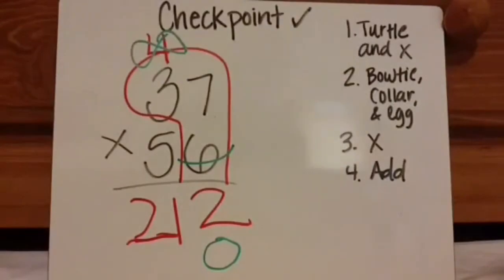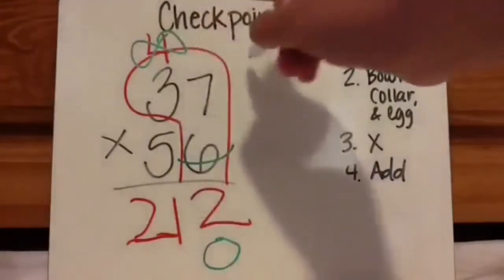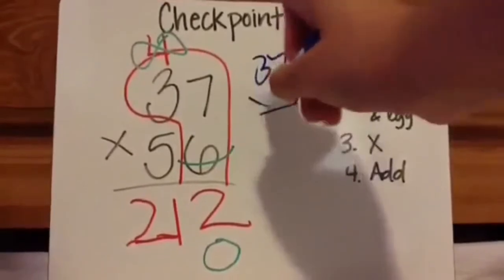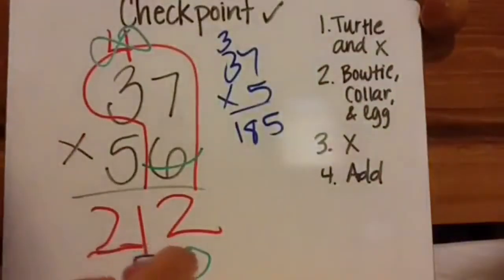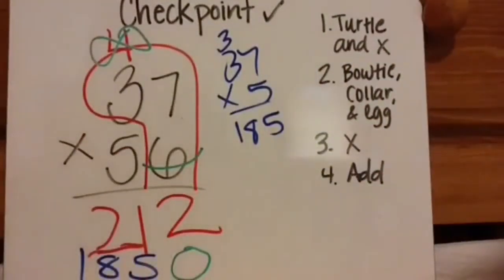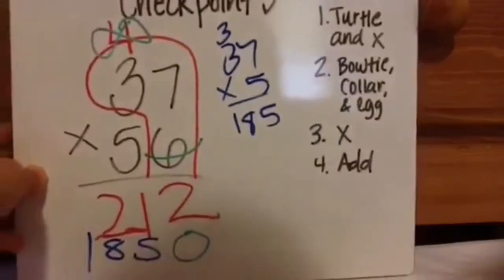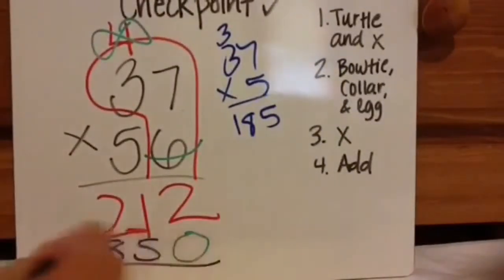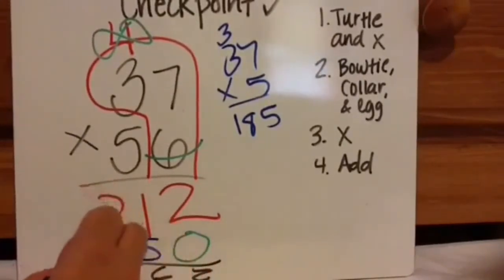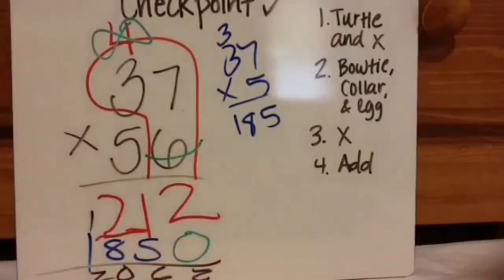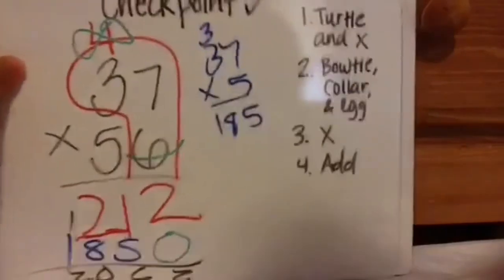Step 3, multiply 37 times 5. Remember, if it's messy, you can do it on the side. 185. Whoops. And then step 4 is add up the products. So I got 2,062, and we're going to check it with commutative property.